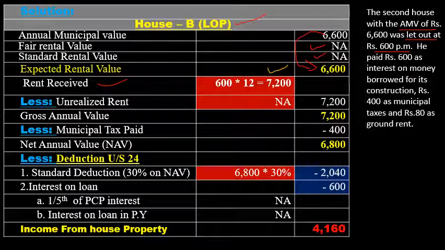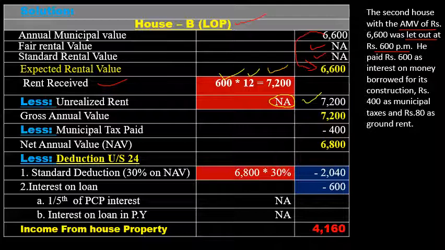Then next, unrealized rent. It is not applicable here. No unrealized rent is given. So total rent received is 7200.